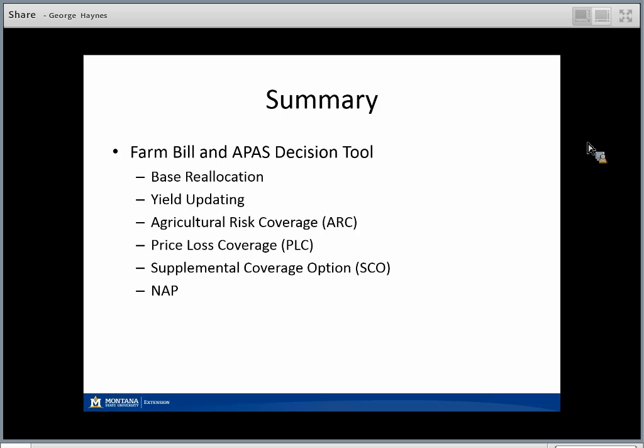We just talked about these in general terms: base acre reallocation, yield updating, Agricultural Risk Coverage, Price Loss Coverage, and then the Supplemental Coverage Option, which we didn't cover other than to talk about it in terms of multi-peril crop insurance. And then the NAP program, which provides some support for you when you can't buy insurance for the crop of interest.